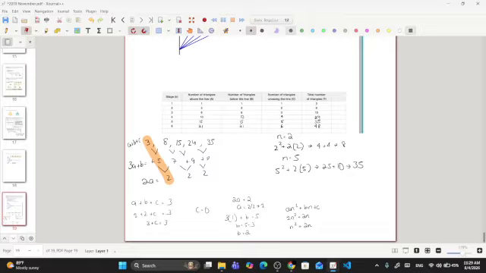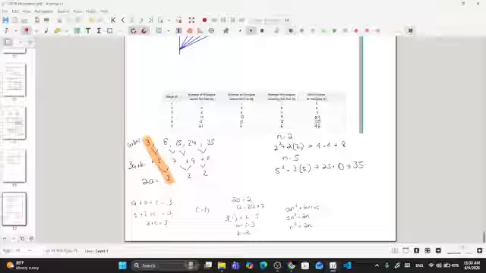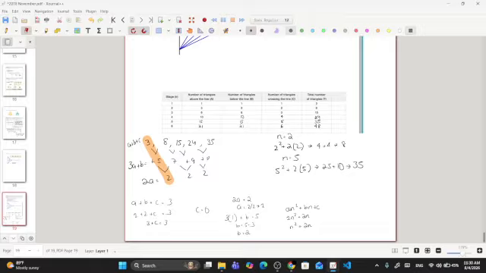So let's justify this. Let's see how this could be done. First do this part and then tell me once you're done, because then I'll need your attention so that we can solve the justification part.